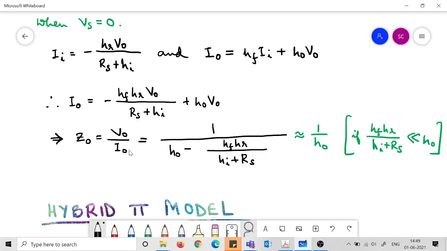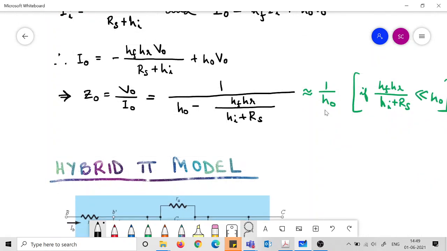If that is the case, then you can employ this approximation and say that the output impedance is nothing but 1 by H0, which is the output impedance from the hybrid equivalent model. Okay, so the output impedance of the two-port network is the same as the output impedance of the hybrid equivalent model.